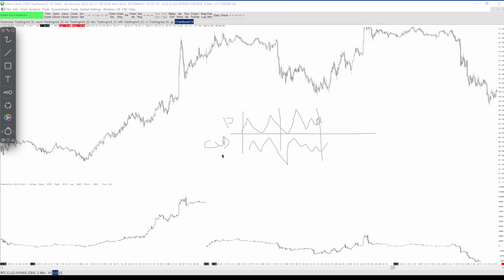A lot of people will look at this as, let's say, the H1 time frame, and this is your Monday, this is Tuesday, and we are coming into Wednesday here, and people will look at this and say that market made a higher high here, but the cumulative volume delta is not making that same higher high.